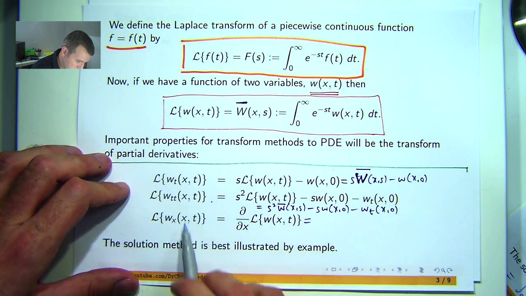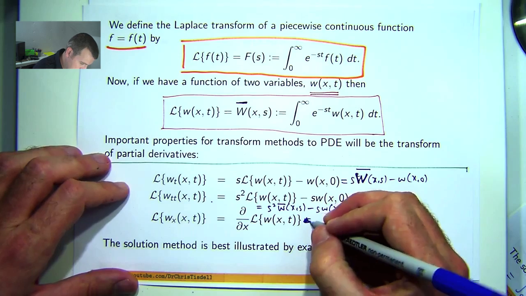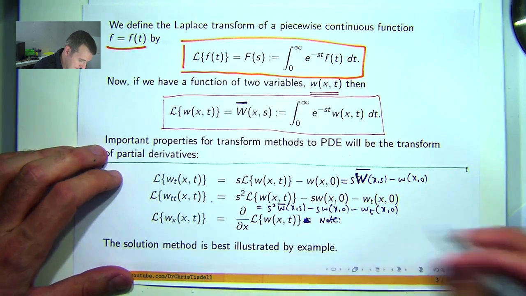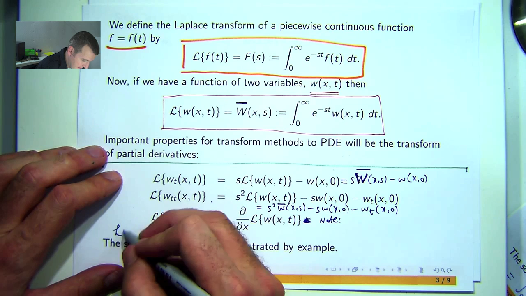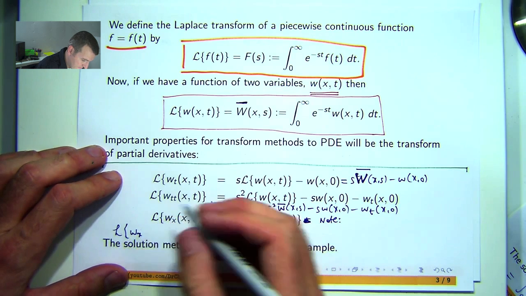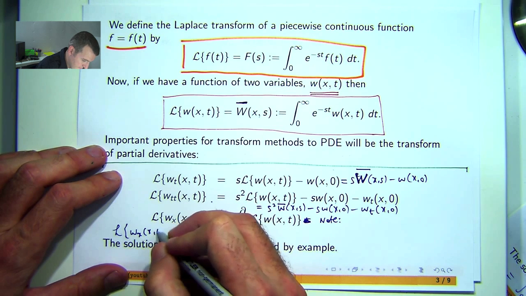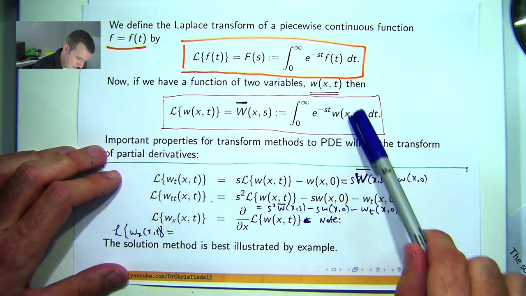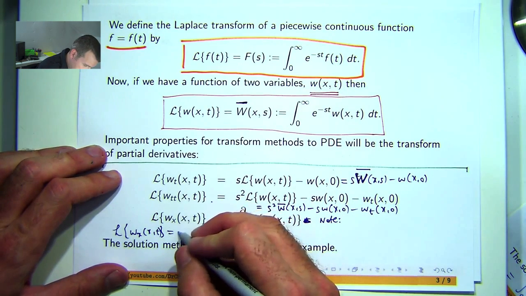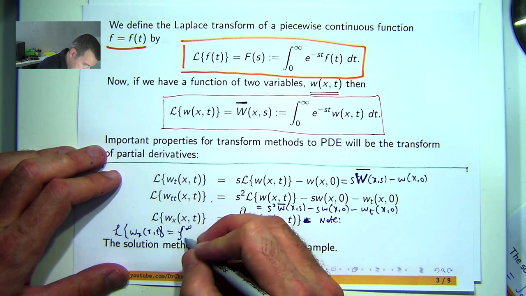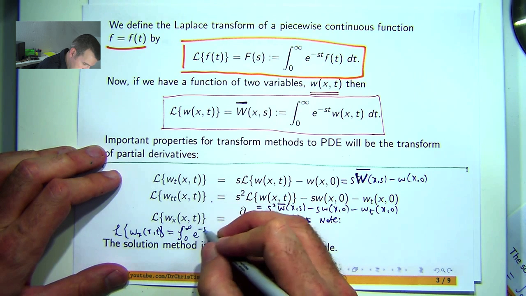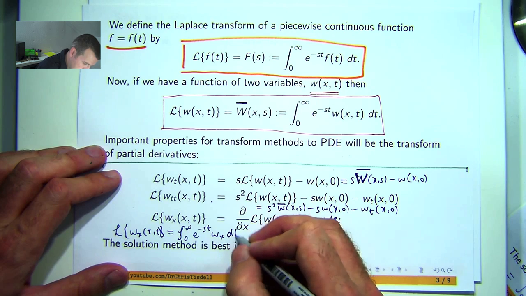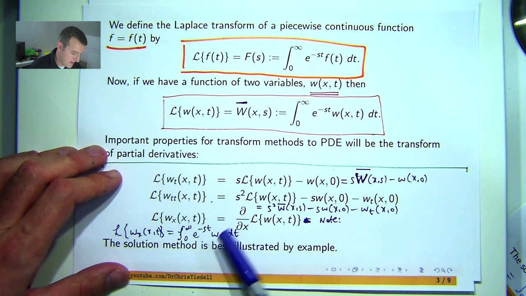So if I was to take this and just go up there and replace this with w sub x. I'm just going to drop off the argument there just to save a bit of space.